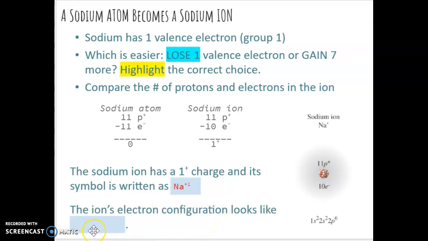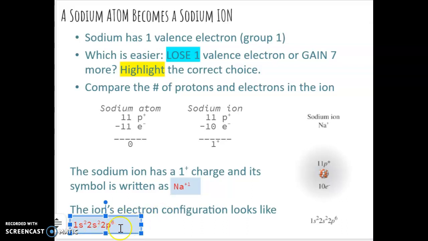The ion's electron configuration looks like this. So if sodium is 1s2, 2s2, 2p6, and then 3s1, if you get rid of that outer electron, the ion's configuration, so if you get rid of 1, it's going to now have 10 electrons, would look like neon's electron configuration.